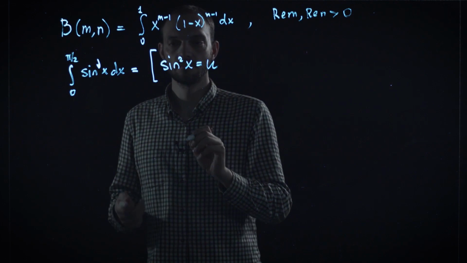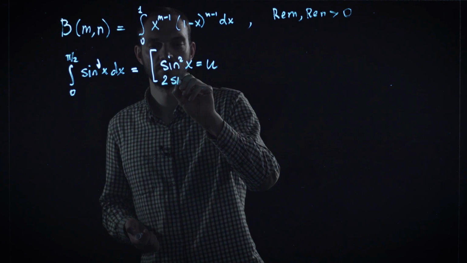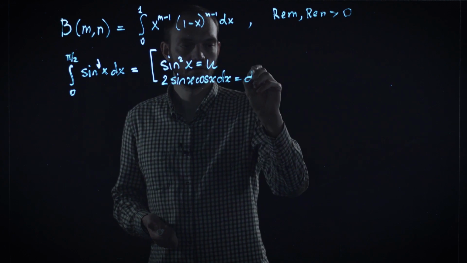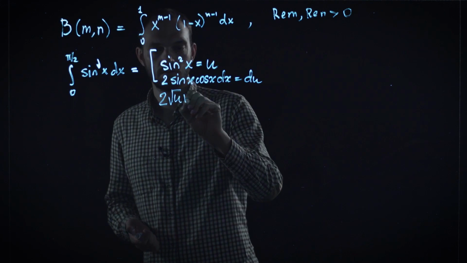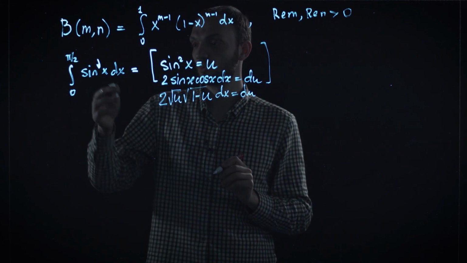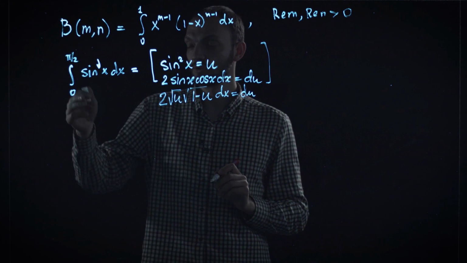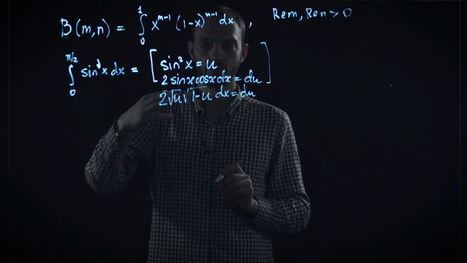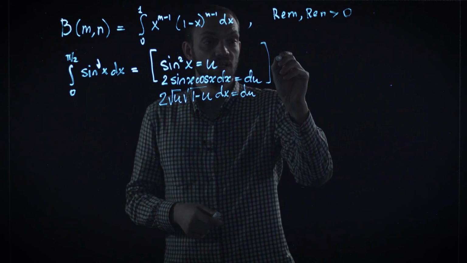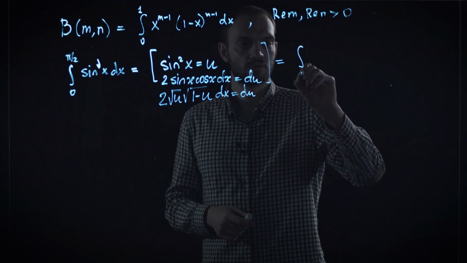Then a set of useful identities is as follows. In writing all these equations, we made use of the fact that the angle of this sine belongs to the range between 0 and pi over 2, so both sine and cosine are positive. With this in mind, we can rewrite the integral as follows.